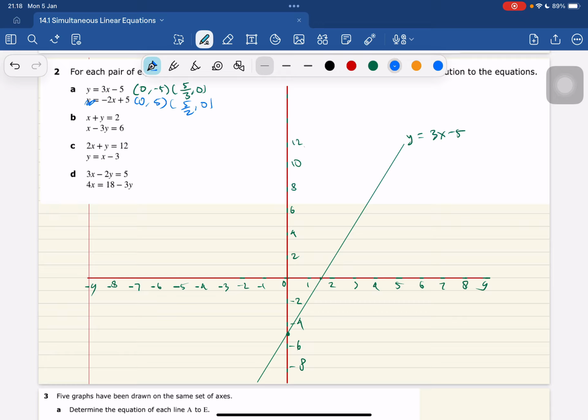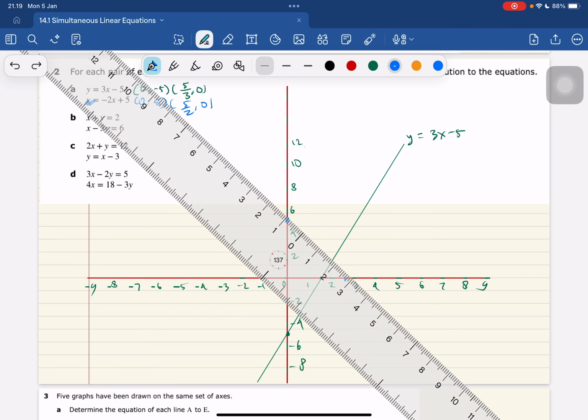Now the blue one: (0, 5), so the line is here. And then when y is 0, 5 divided by 2 is 2.5, which is here. So let us make it a straight line. Okay, this is not that straight. Let me use a ruler.